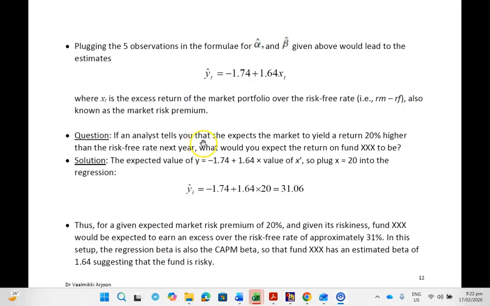So if an analyst tells you that she expects the market to yield a return 20% higher than the risk-free rate next year, what would you expect the return on fund XXX to be? If the market is yielding a return 20% higher than the risk-free rate next year, this X variable will be 20%.